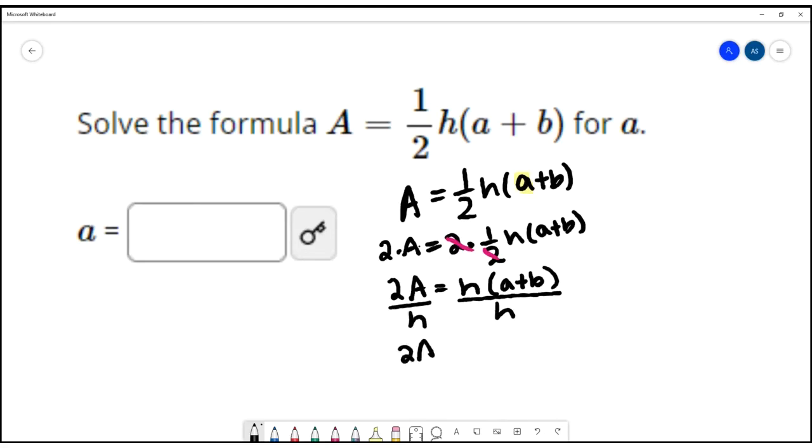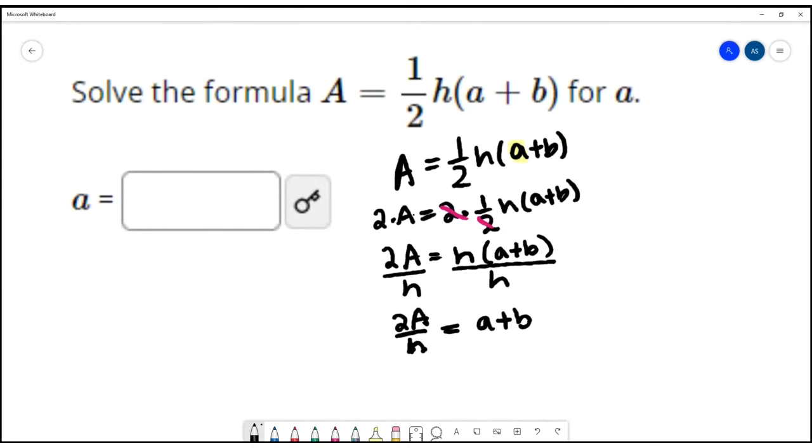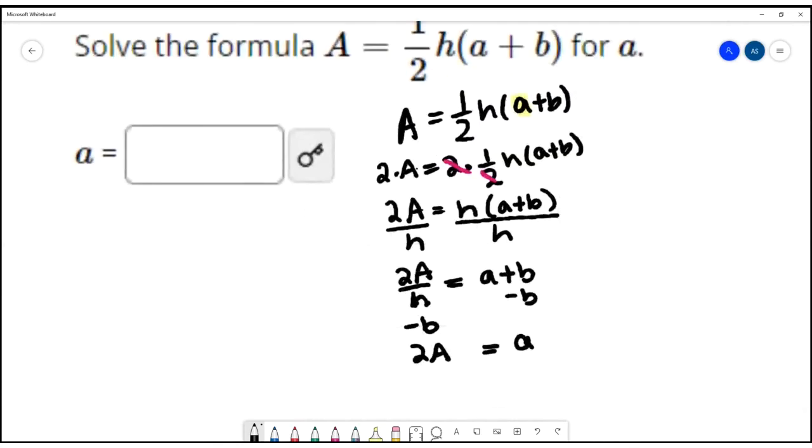That gives 2A over h equals a plus b. And now since all of the numbers multiplied on the parentheses are gone, I don't need the parentheses anymore. And I can solve for a by subtracting b on both sides. We have a equals 2A over h minus b.